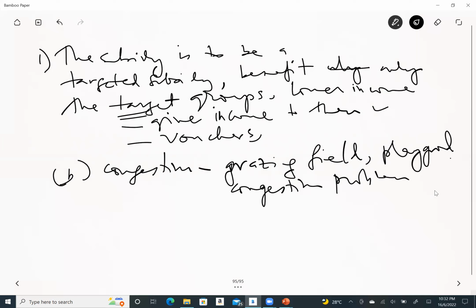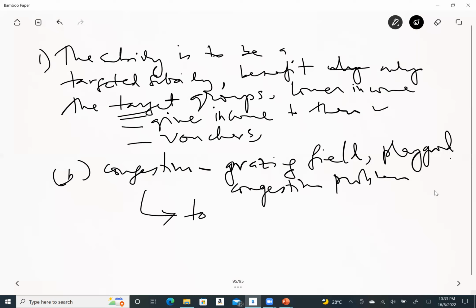So if you use the grazing field example, that means as more cows enter, there will be more congestion. So here, as more cows enter, there will be less space for every cow. So they cause traffic jam and congestion. So how do you solve that problem?